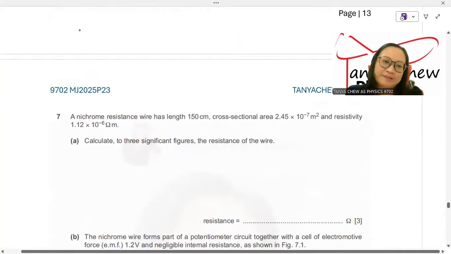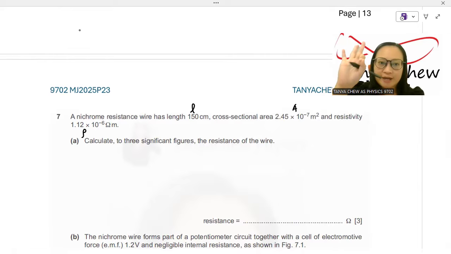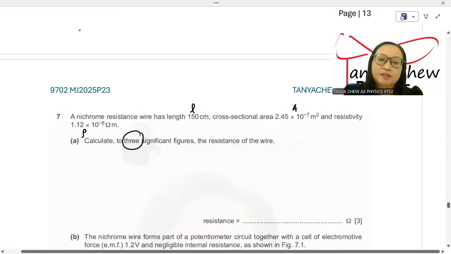The next one, question number 7, a nichrome resistance wire has a length of 150 cm, cross-sectional area of 2.45 times 10 to the power negative 7 meters square, and resistivity of 1.12 times 10 to the power negative 6 ohm meter. Calculate to 3 significant figures the resistance of the wire.